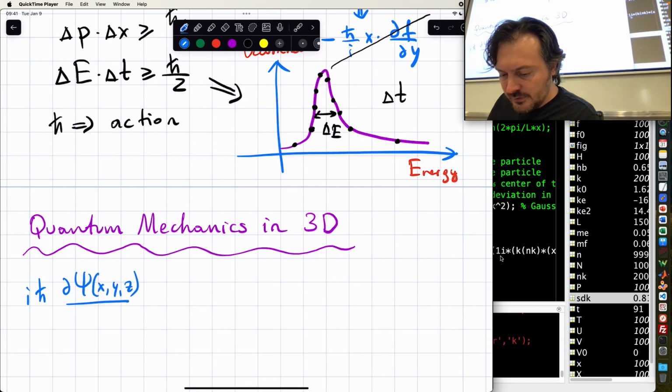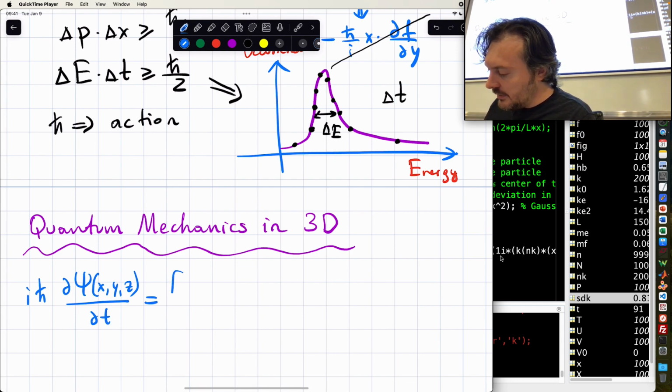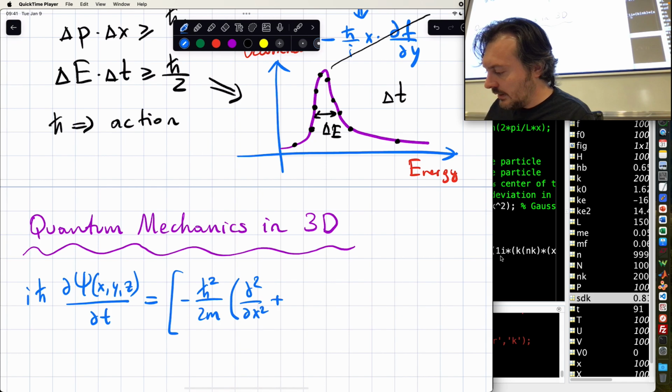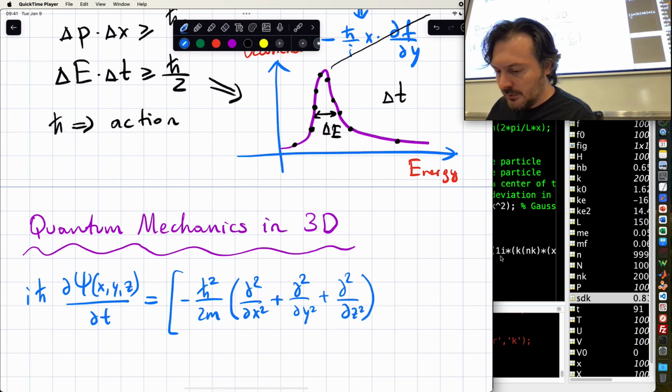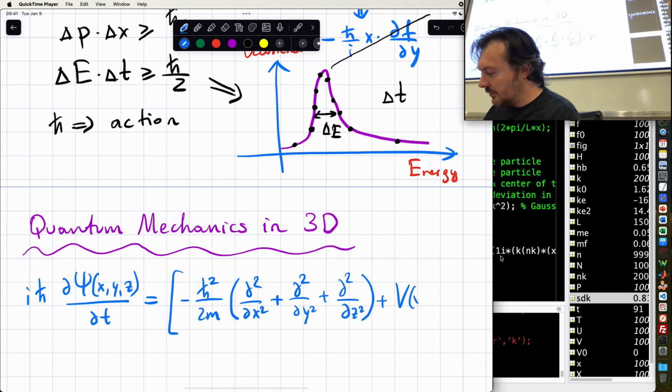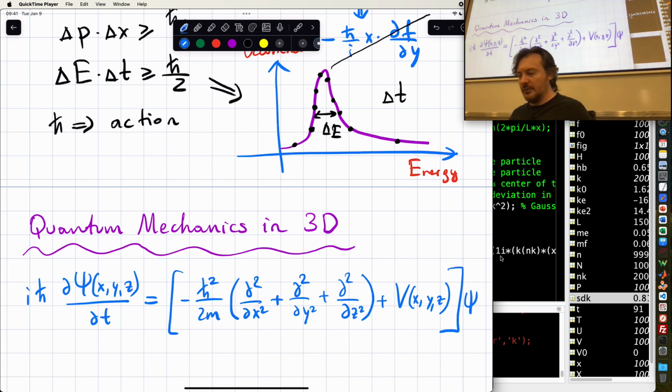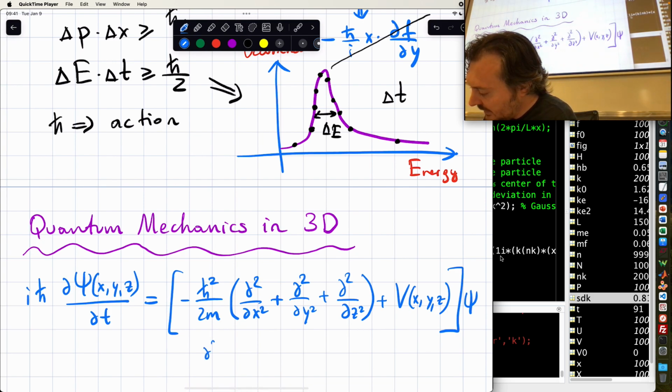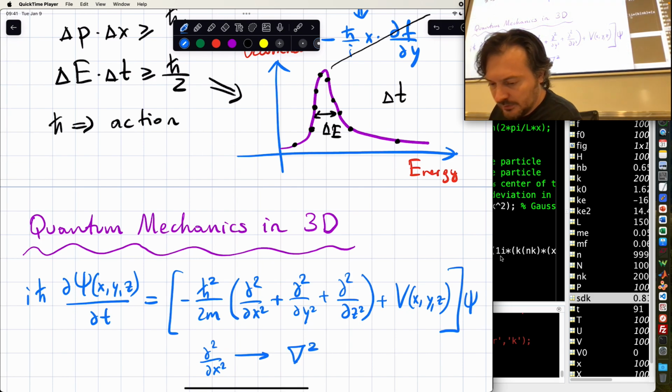Now you have a wave function that depends on all 3 coordinates, and the kinetic energy simply extends to a Laplacian, right? And you have some 3-dimensional potential. So we have moved from del squared over del x squared into this one.